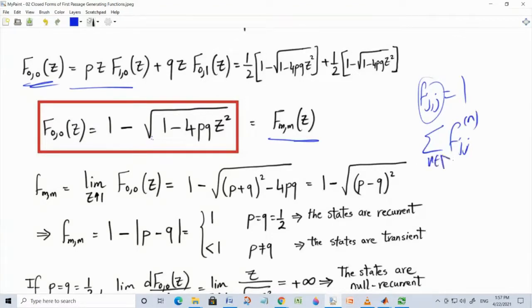Because it's a summation of non-negative terms, by Abel's limit theorem you can obtain this summation by taking the limit of this as z goes to 1. And the nice thing about Abel's limit theorem is that if this limit in the z domain is plus infinity, so even if it diverges, then the summation is actually equal to plus infinity. Now, we are talking about F probabilities.